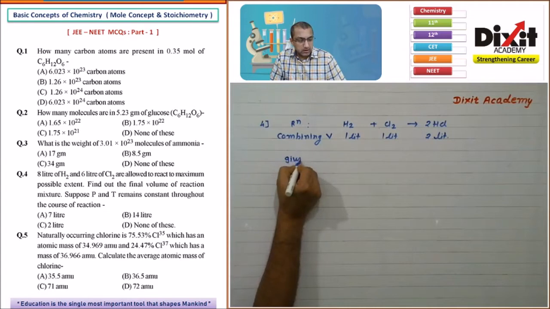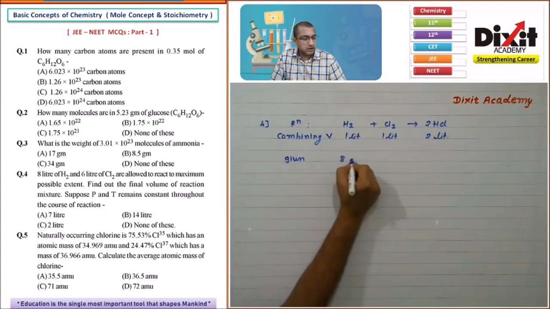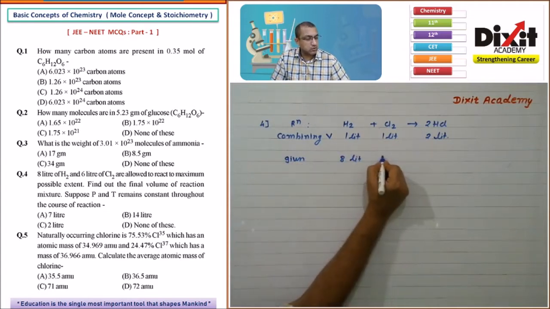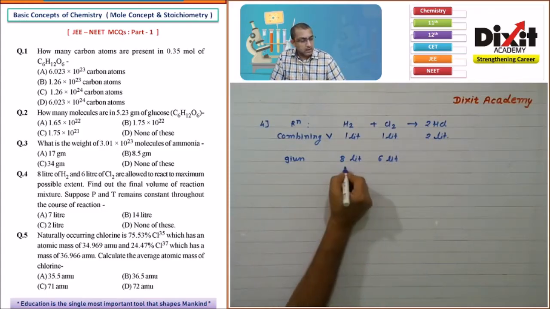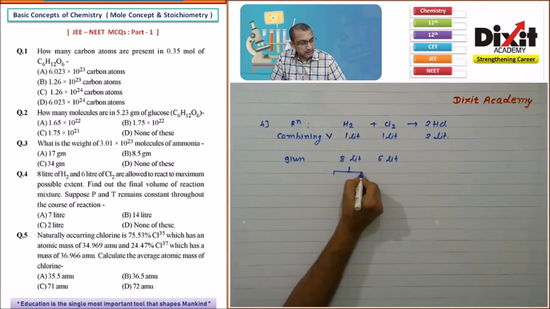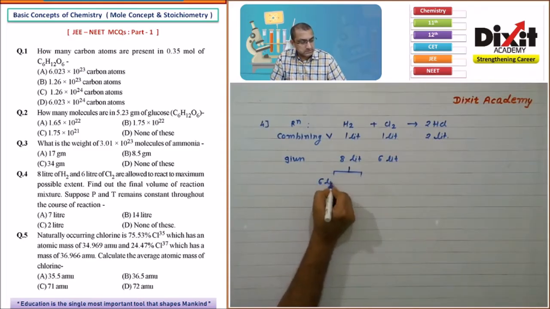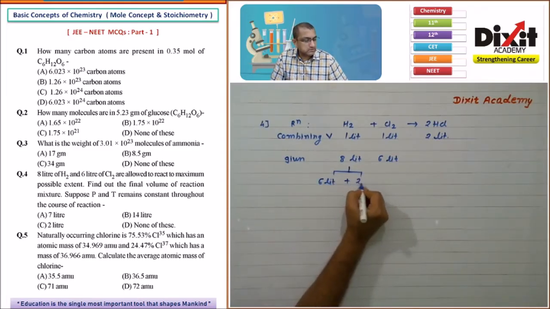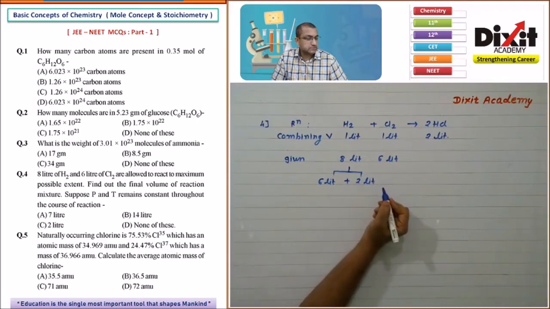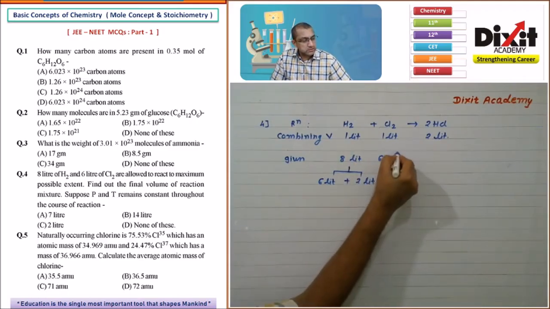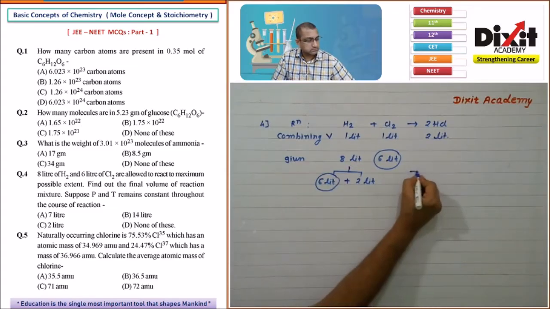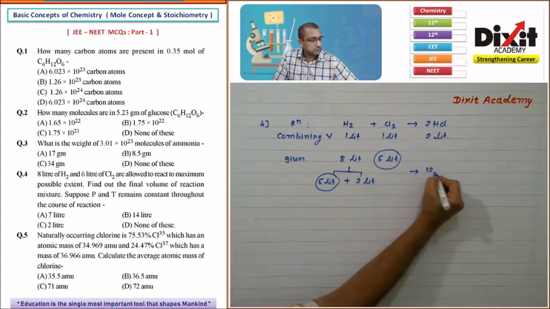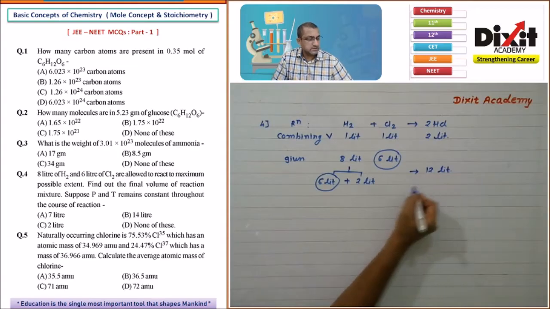In the numerical, given volumes are 8 liters of hydrogen allowed to react with 6 liters of chlorine. I will split this 8 as 6 liters plus 2 liters. So 6 liters of chlorine will combine with 6 liters of hydrogen. It will form 12 liters of HCl.